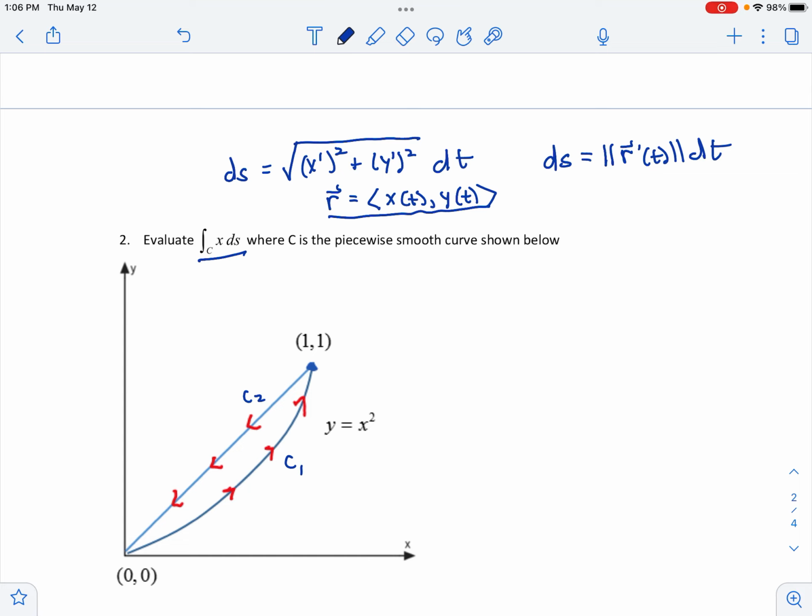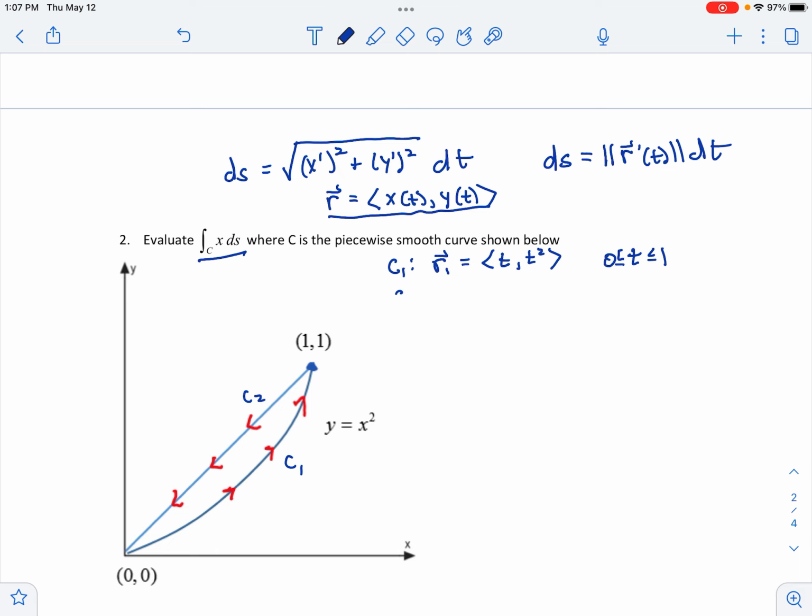And I need to choose a path for C1. Well, for C1, I could just do this. R1 is equal to t and t squared. Yeah, that will work. And I'll have t going from 0 to 1.